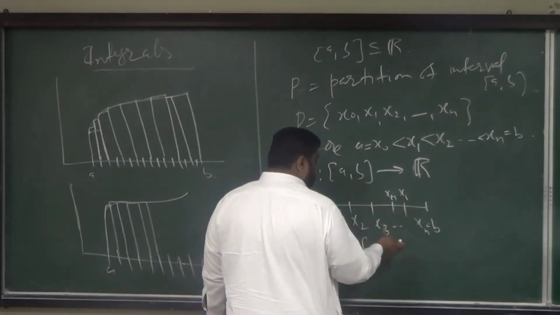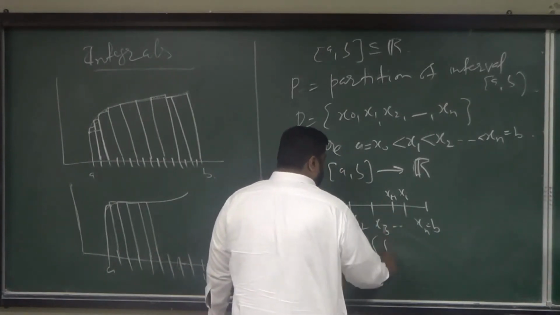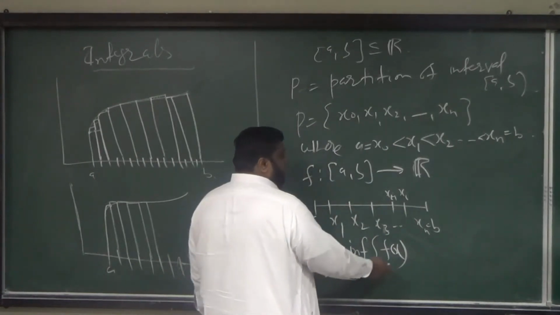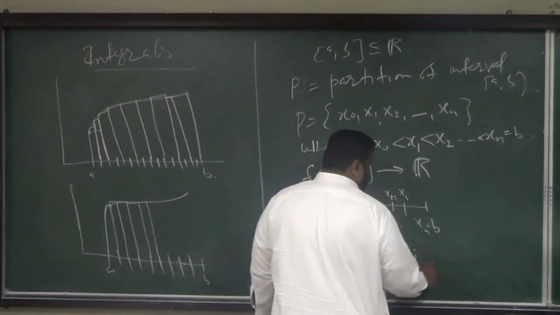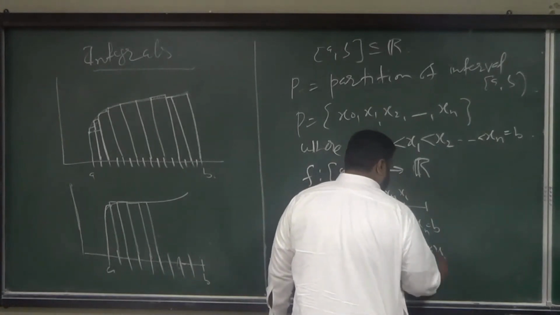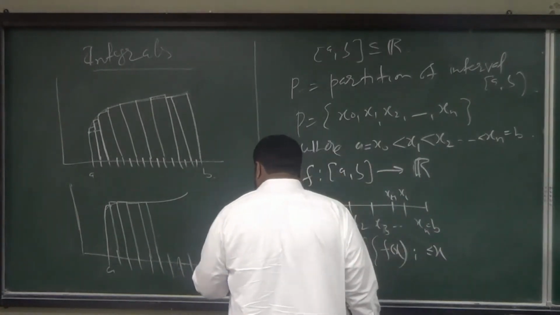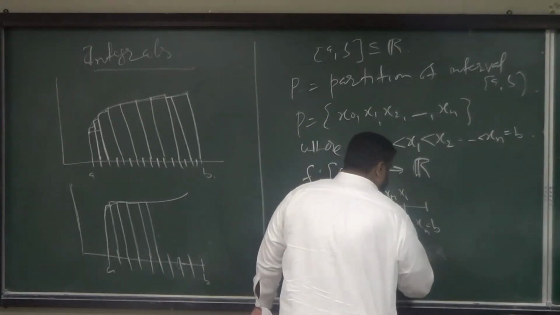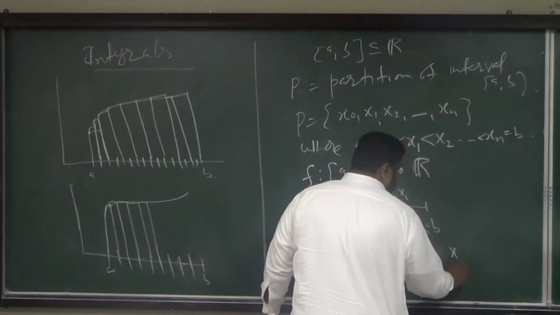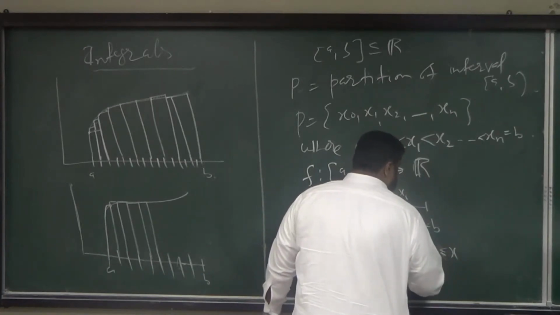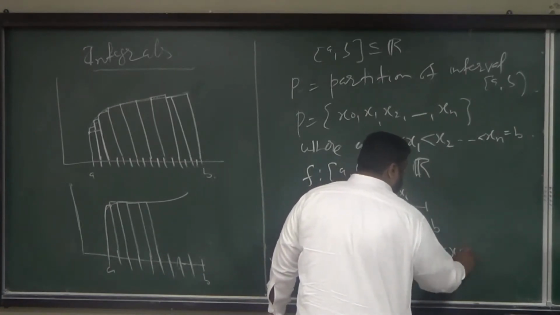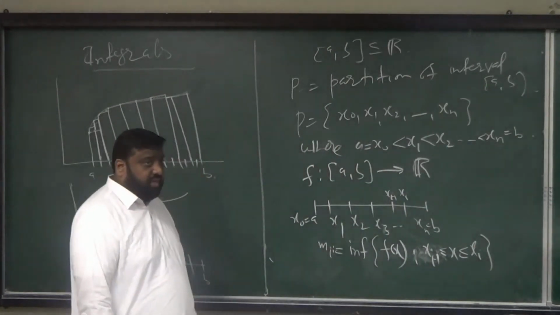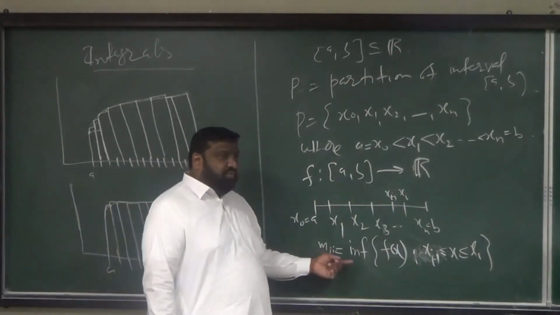f of x, the infimum that the function takes for x between x(i-1) and xi. So by mi I mean the infimum.